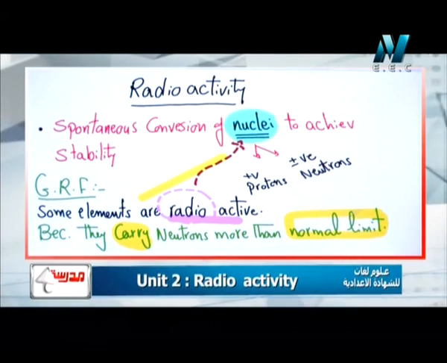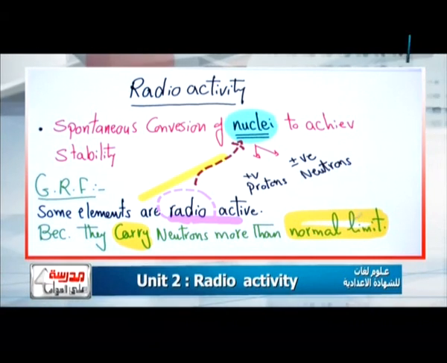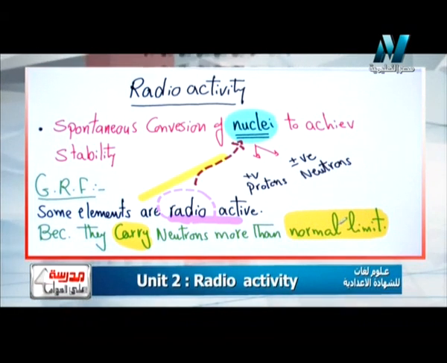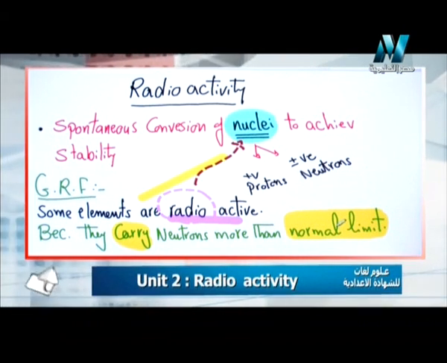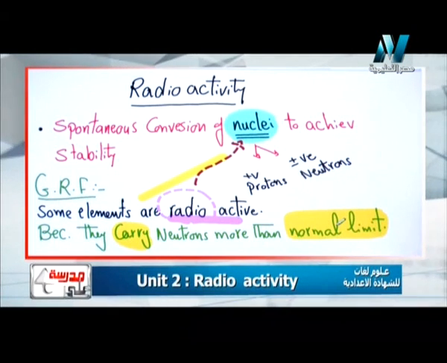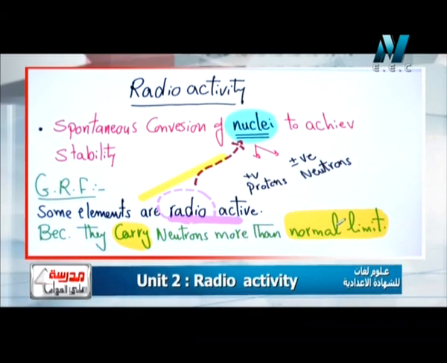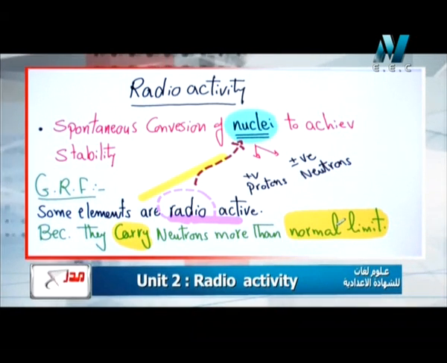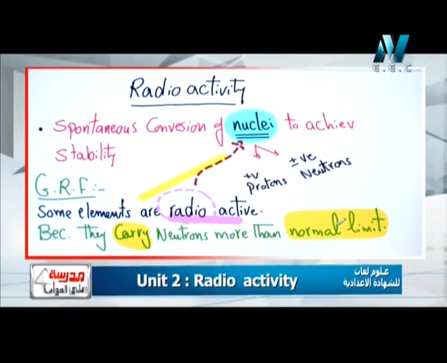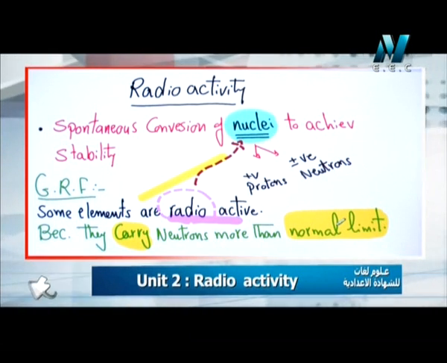Maybe any one of these elements can carry, for example, 5 neutrons in its nucleus, but in this case this element carries maybe 20 neutrons in its nucleus.